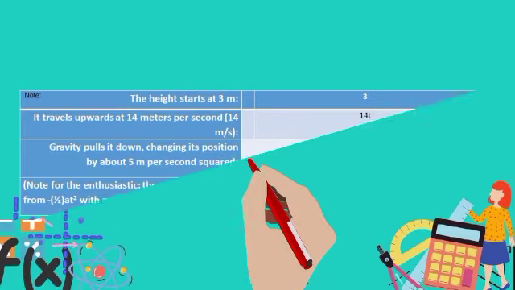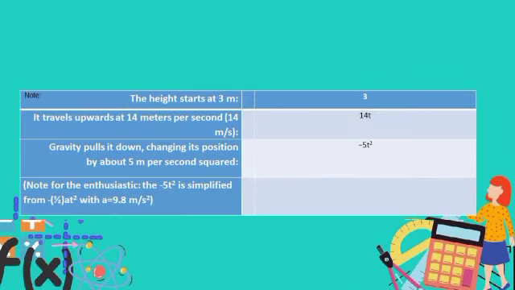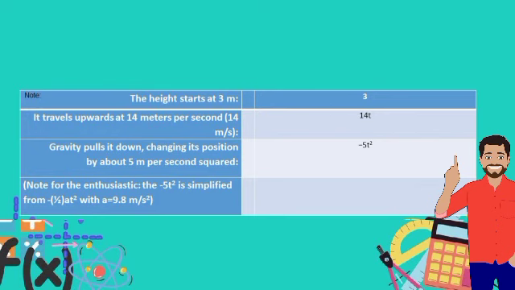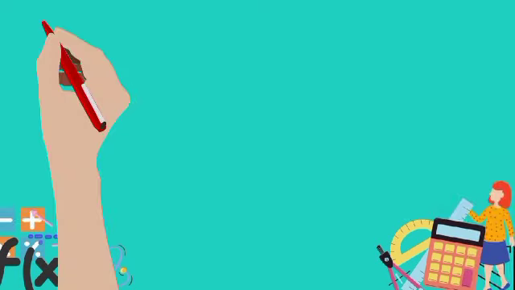Yes, we can solve it, but note that the height starts at 3 meters and it travels upward at 14 meters per second. And note that gravity pulls it down, changing its position by about 5 meters per second squared. The negative 5t squared is simplified from negative 1/2 at squared with g equal to 9.8.